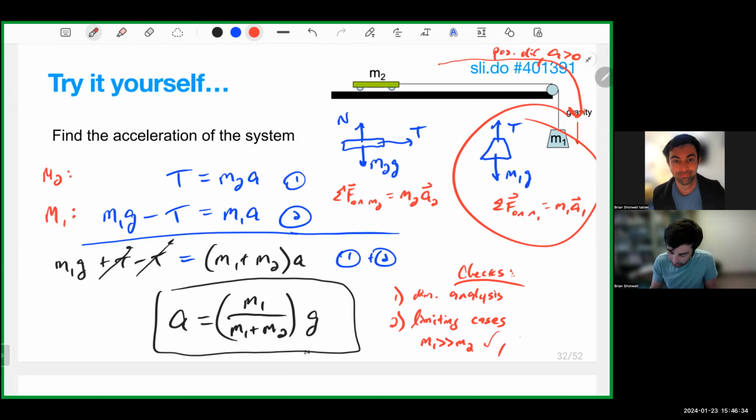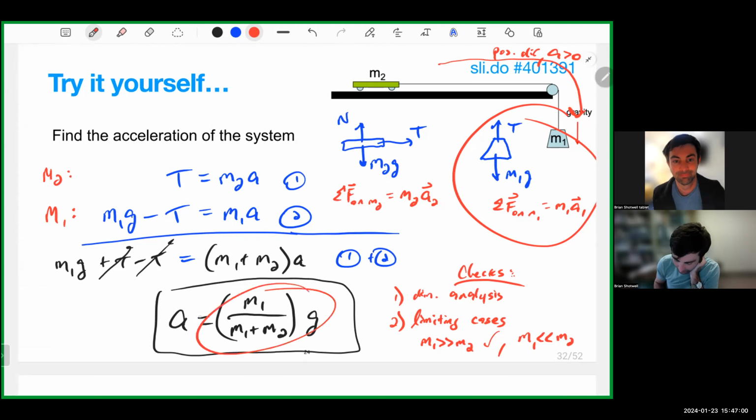And then the other check you could do is, what if M1 is much less than M2? In that case, you have a speck of dust that's connected via a light massless cord to something that's on the table there. Gravity is the thing that's responsible for the acceleration of the system, and it's not going to do much to a speck of dust. So the acceleration is going to be very small in that limit.